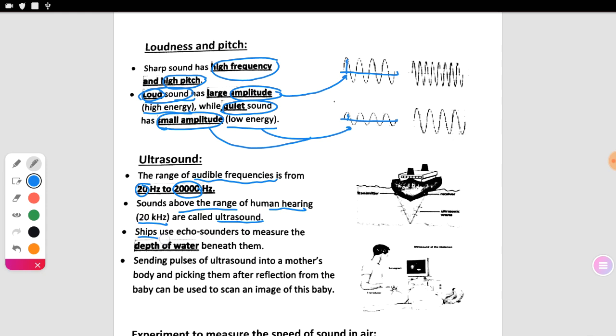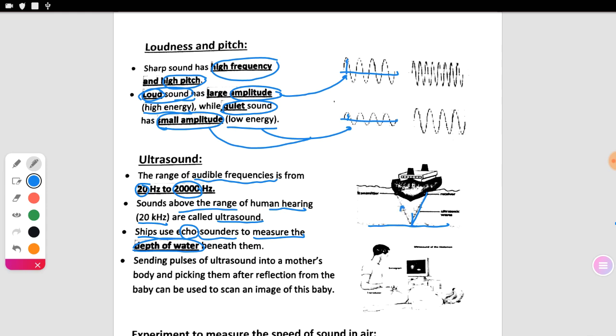Ships use an echo sounder to measure the depth of water by using ultrasonic. It emits a source of ultrasonic, and these waves reach the base and reflect.